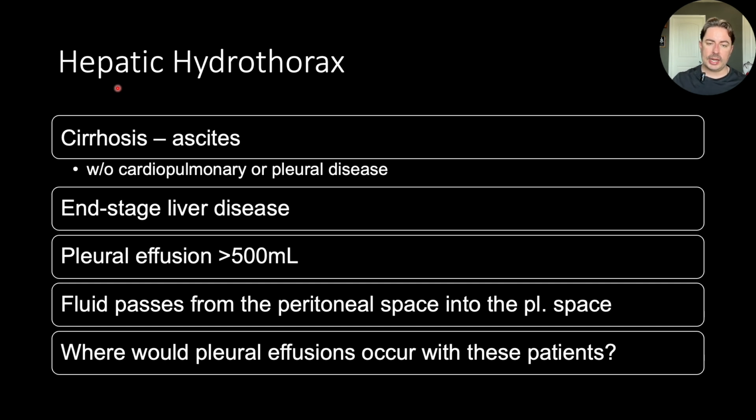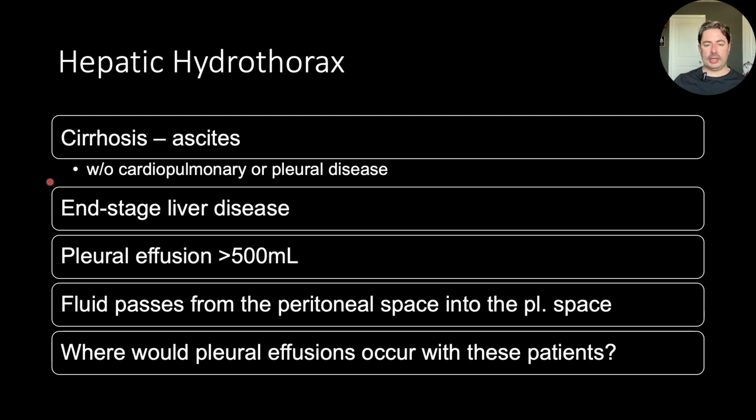And remember, the hydrothorax is a serous fluid, a blood-like fluid. We see this very commonly with cirrhosis or ascites, and it can be with or without cardiopulmonary or pleural disease. It does not have to have any cardiopulmonary involvement or a pleural disorder either.